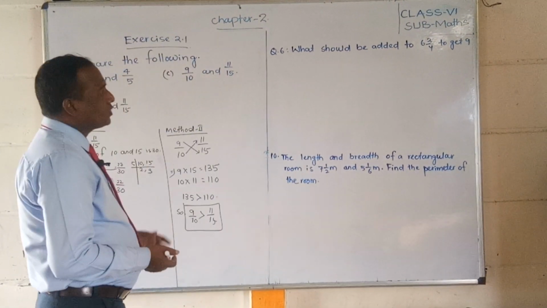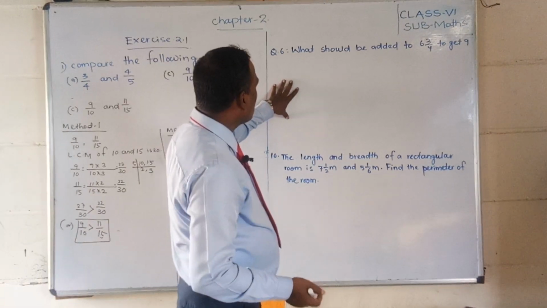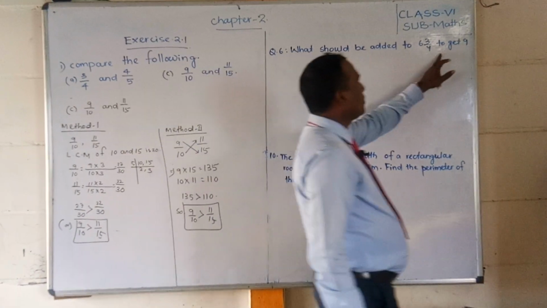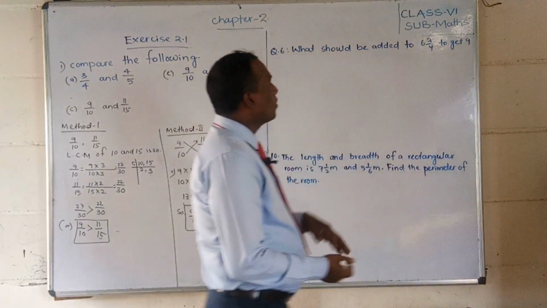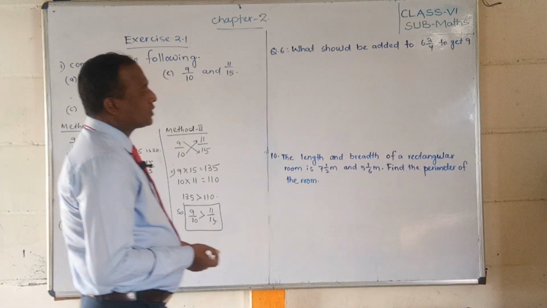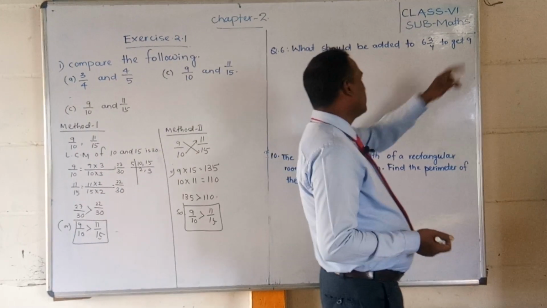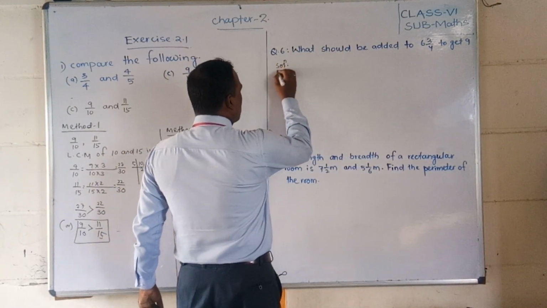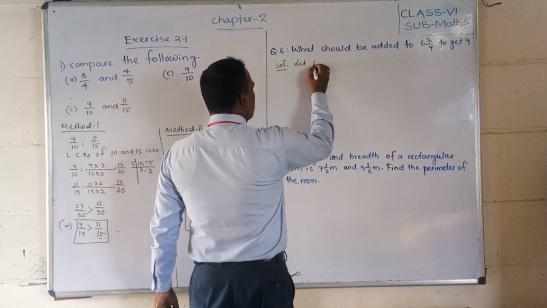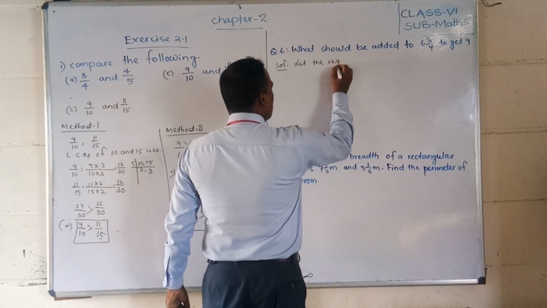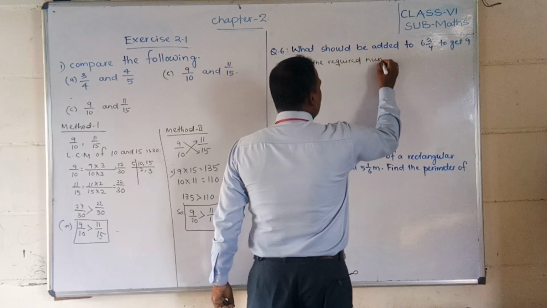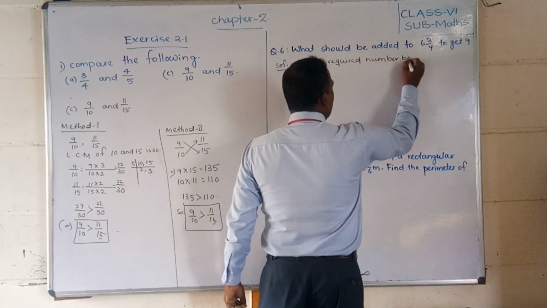Now students, observe here. Question number 6. What should be added to this to get 9? So we don't know what should be added, but we will get the answer 9. So, solution: let the required number be x.